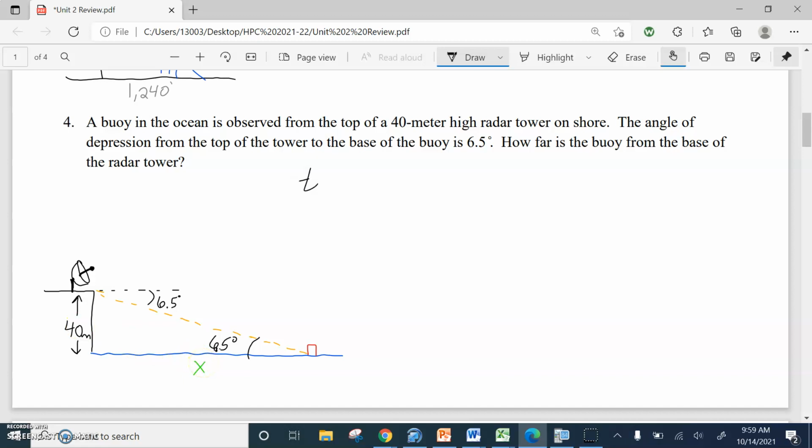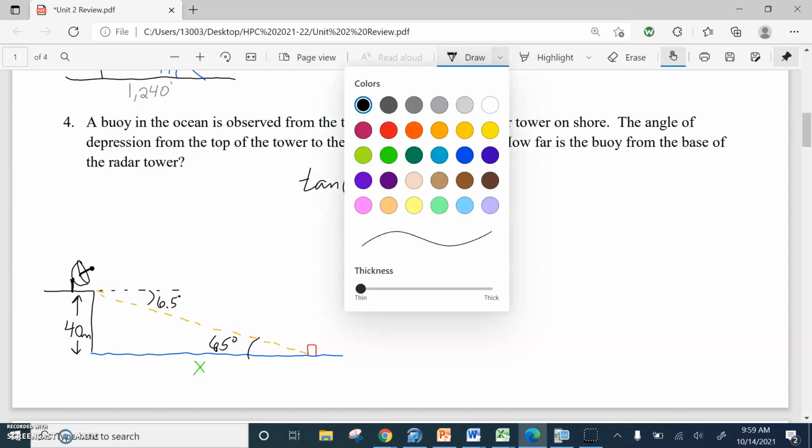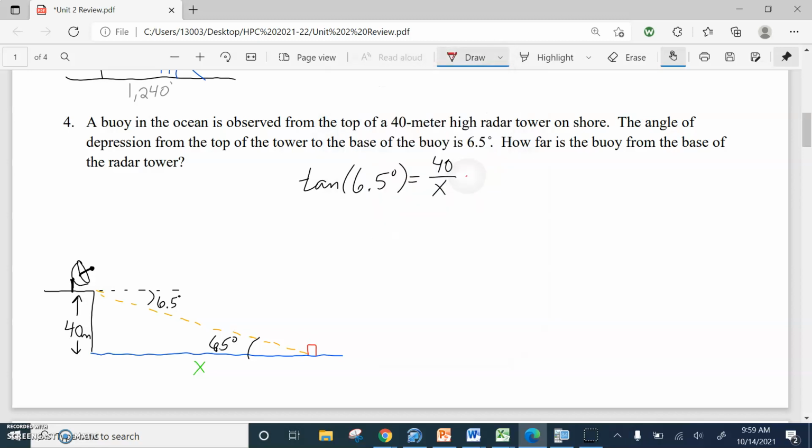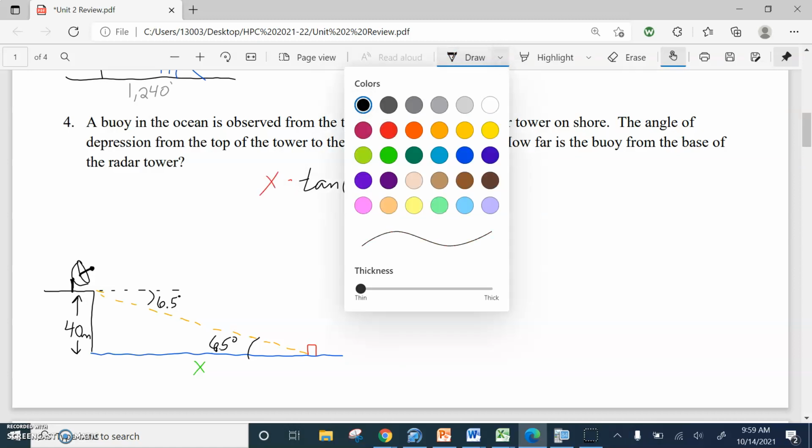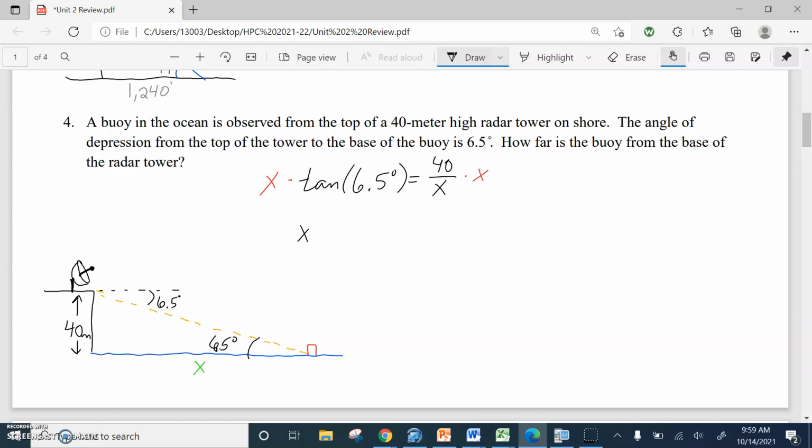So I'm going to write out my ratio: tangent of my angle is equal to 40 over x. Now I'm going to multiply both sides by x, and I get that.